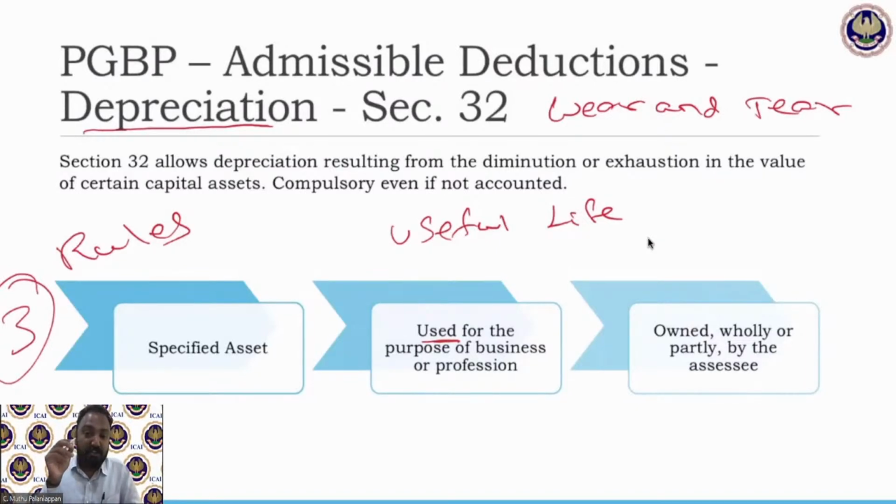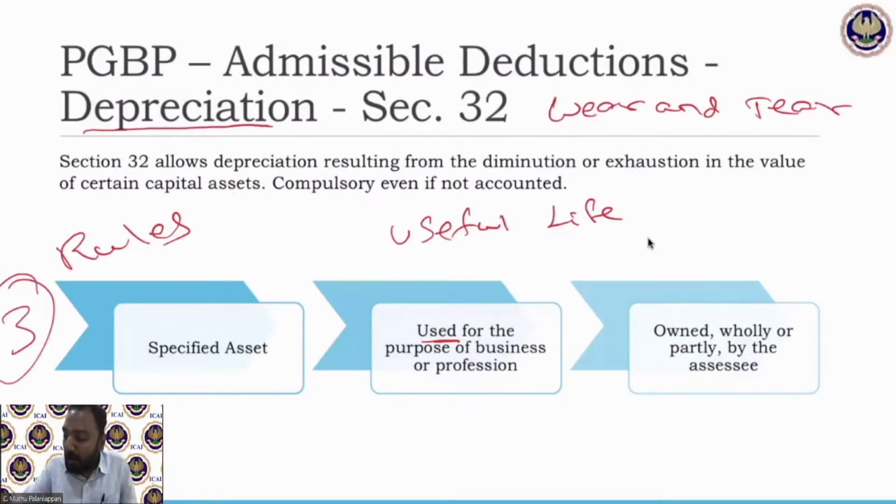We understood that it is not only active use, it also includes passive use. Typically the same concept will apply here. We'll see that in detail in the subsequent slide. So the second rule is it must be used for the purpose of business or profession.